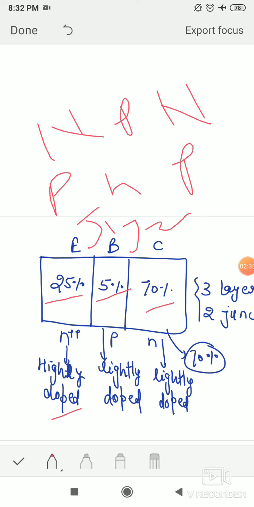Some books say the base is moderately doped because its area is small compared to the collector. But if you attend a competitive exam and there is an option that the base is lightly doped, you should take it as lightly doped, not moderately doped.